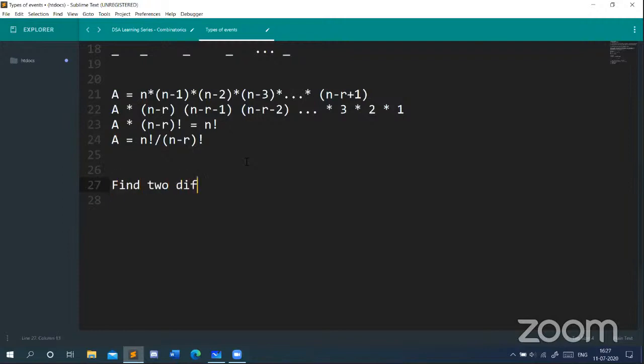Find two different ways to count the same thing. We're going to use this principle time and again to solve even the most difficult problems in combinatorics, and these ideas will be very useful when we're trying to prove things.